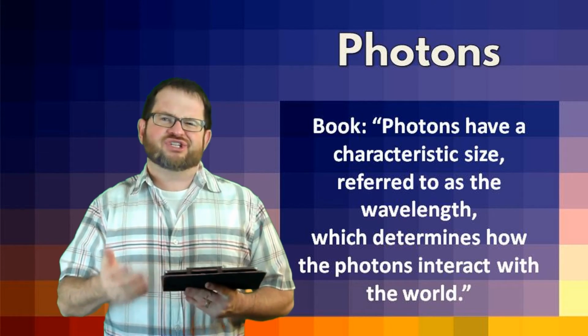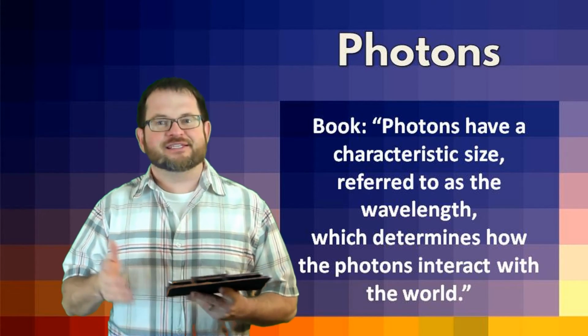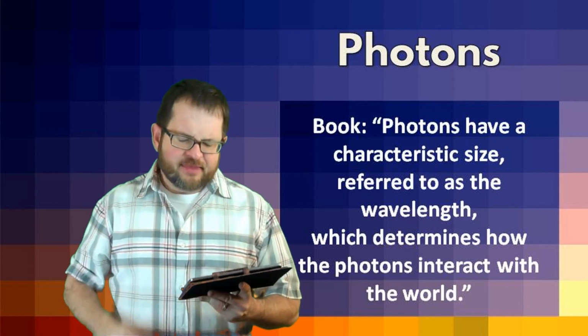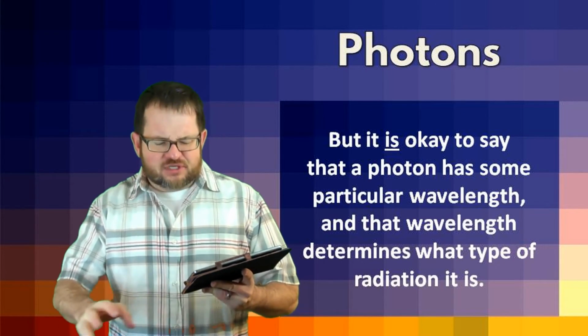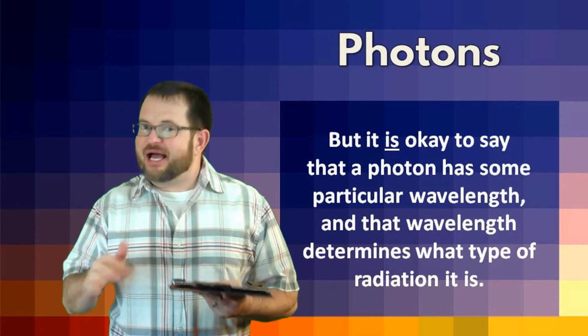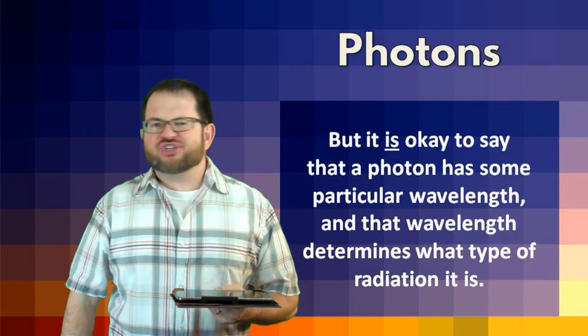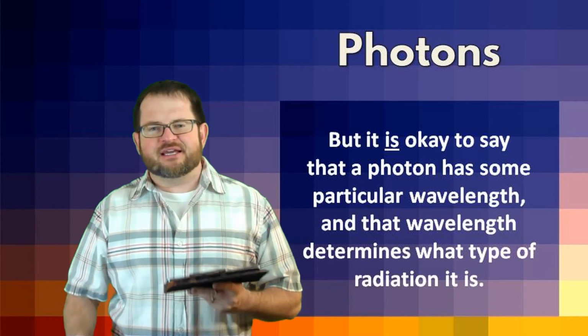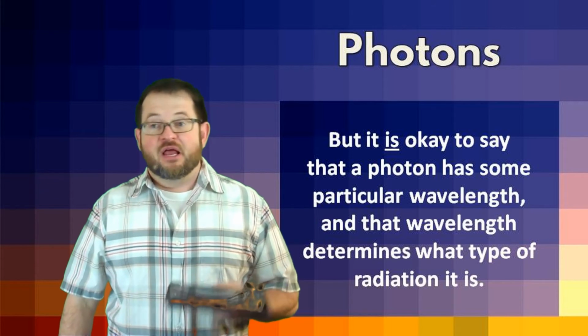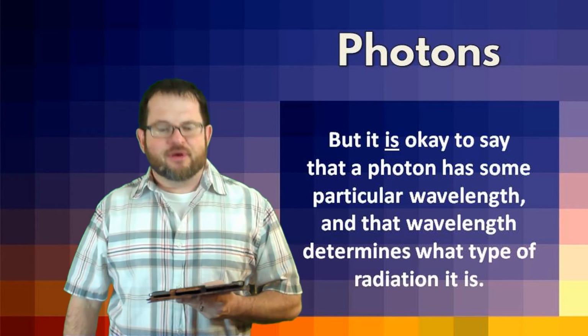If you're talking about radiation in terms of photons, the idea of wavelength doesn't actually have a physical meaning. It's more just like a tag that those particles are carrying. It is okay to say that photons have a wavelength, and that wavelength determines the type of radiation it is. I'll buy into that, but the book should never have gotten into this. This is a much too complicated thing to be thinking about when we're talking about climate processes and so on.